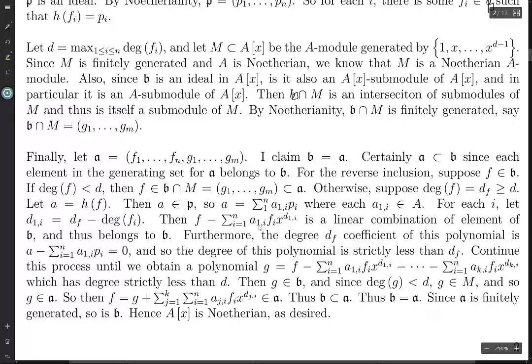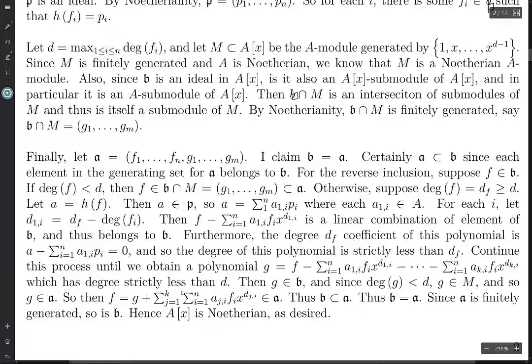So each of these will be of degree df, and if you take the linear combination, you'll get a. When you take this difference, the degree df coefficient of this polynomial is precisely 0, and so the degree of this polynomial is strictly less than df.